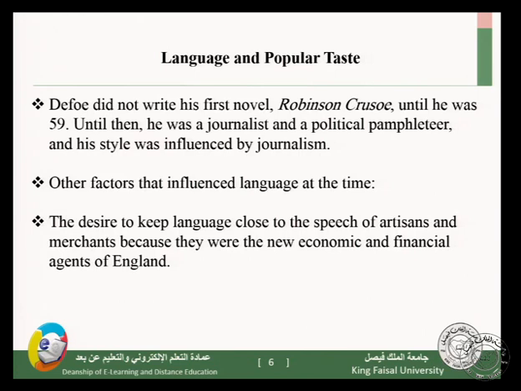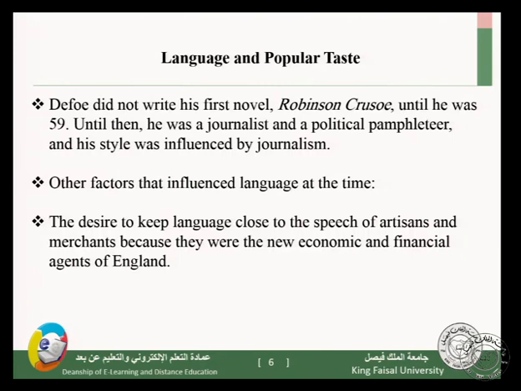Other factors that also influenced language was the desire to keep language close to the speech of craftsmen and artisans and merchants, because these people now have become the new economic and financial agents of England.